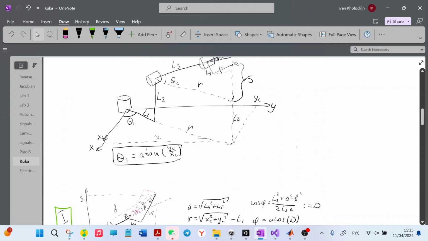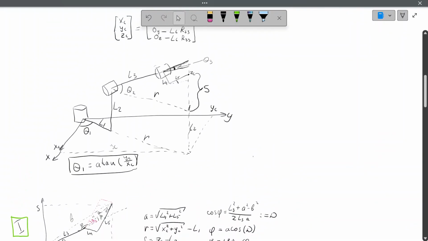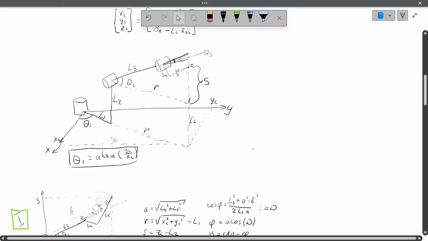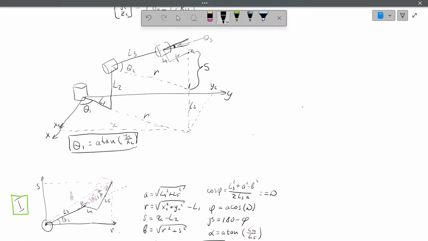Once we found theta 1, we can move to the calculation of theta 3. Theta 3 here is this angle. So we redraw this part to calculate theta 3 and later theta 2. Theta 2 is here, with L3, L4, L5.